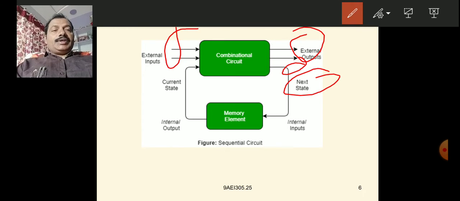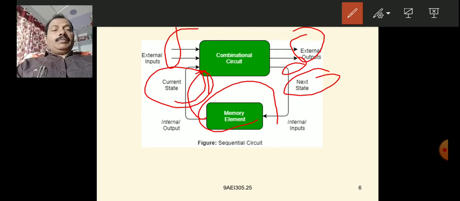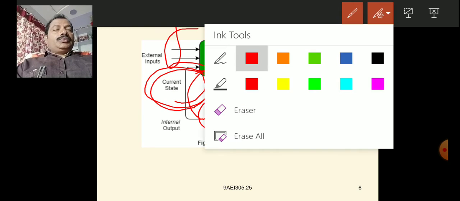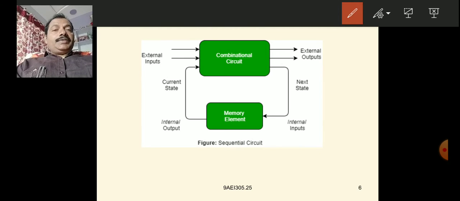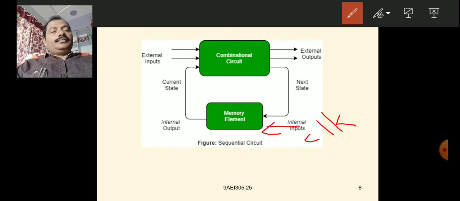They are called next state, and they are fed back through the memory element to the circuit. So these outputs are called current state, present state. These are the next state. These are the present state. Okay. So these are the internal inputs and internal outputs of the memory element. So this is a sequential logic circuit. And additionally a clock is applied to the memory element.